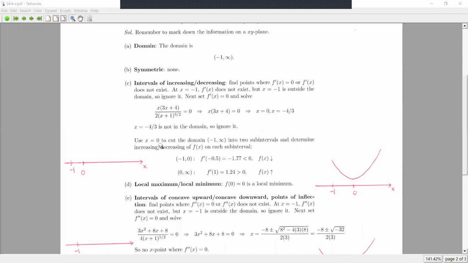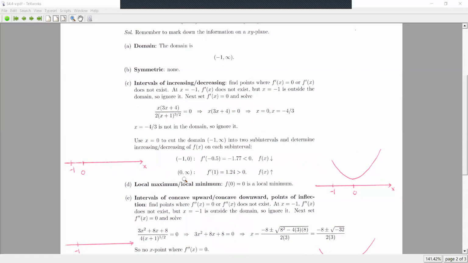The point is 0. Now I use this point to cut the domain into 2 subintervals. This is the x-axis. The domain is from -1 to infinity. Now I use 0 to cut the domain. Then we get 2 subintervals.